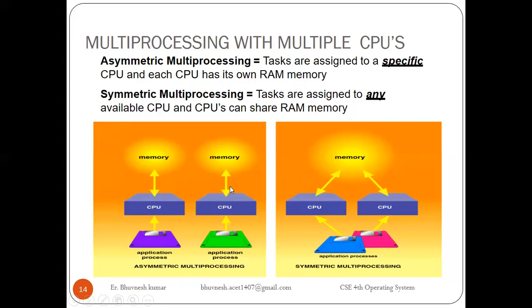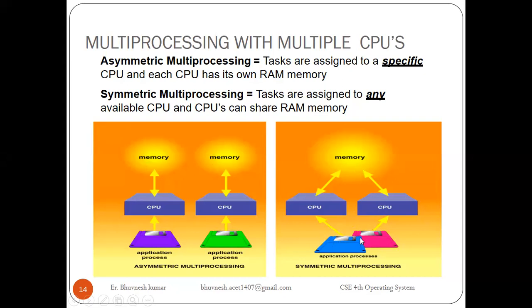This is asymmetric. But in symmetric, there are 2 CPUs or a number of CPUs, but memory is shared. You will see here your memory, your RAM, is shared in symmetric multiprocessing.